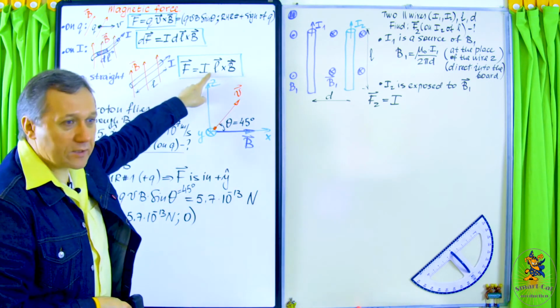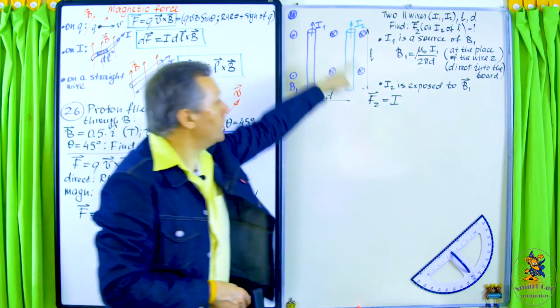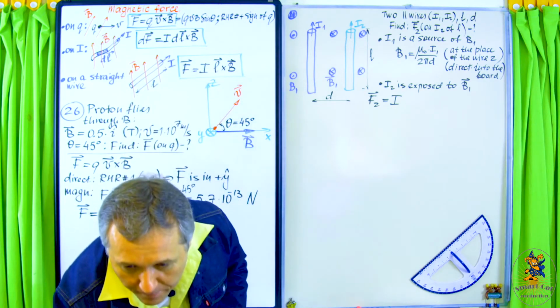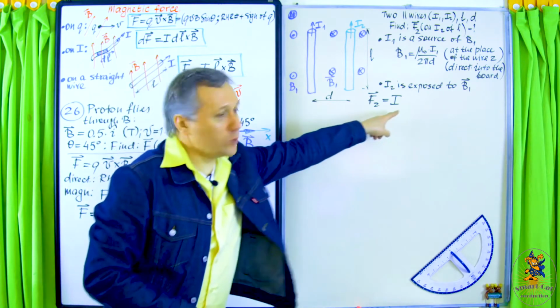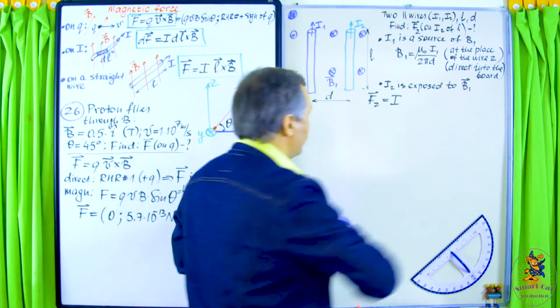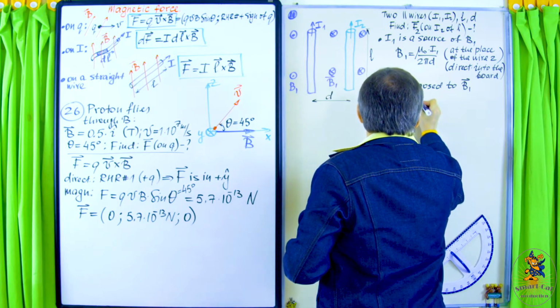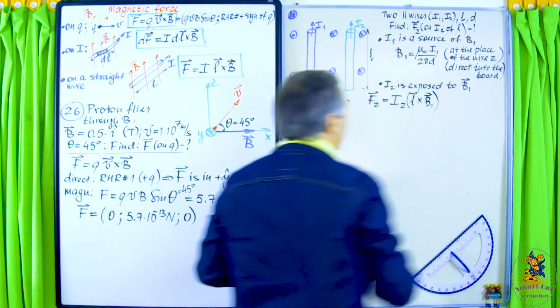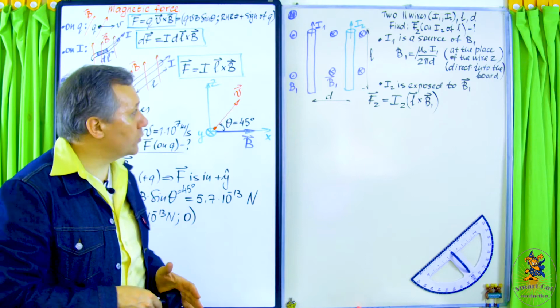Since we're trying to find the force acting on wire I2, of course here should be I2. Then L cross B1.